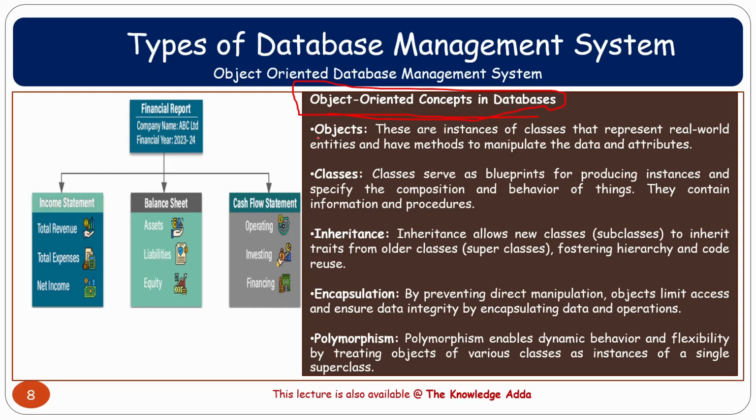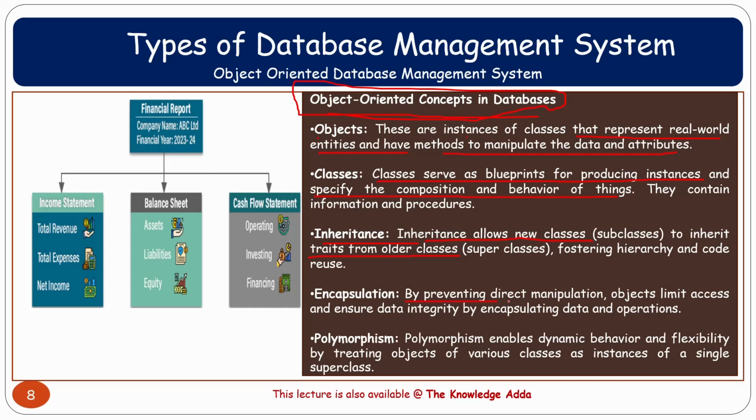First is object. These are instances of the classes that represent real world entities and have methods to manipulate the data in attributes. Classes serve as a blueprint for producing instances and specify the composition and behavior of things. And inheritance allows new classes to inherit traits from the older classes.